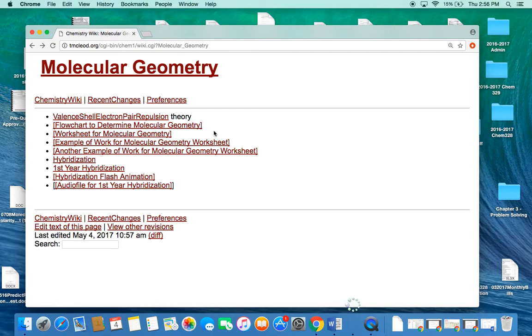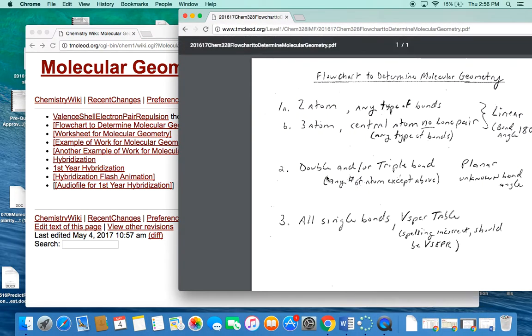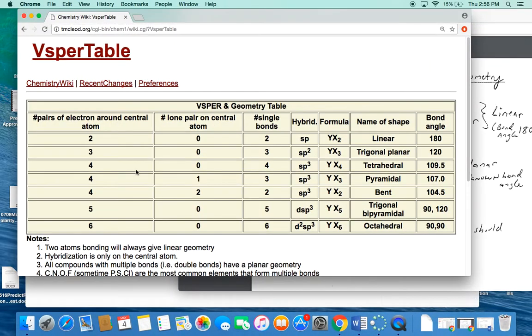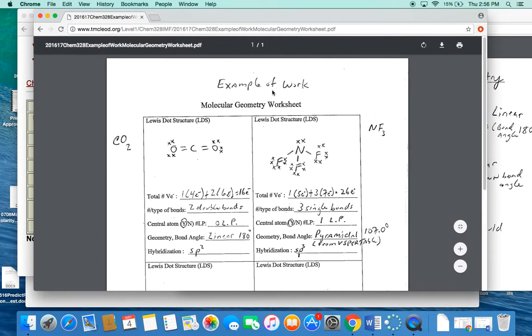And you need the chart, which is the flow chart to determine molecular geometry, so you need that. You need the VSEPR table, which is this. You need the example of the handout, and then you also need the blank copy of the worksheet.